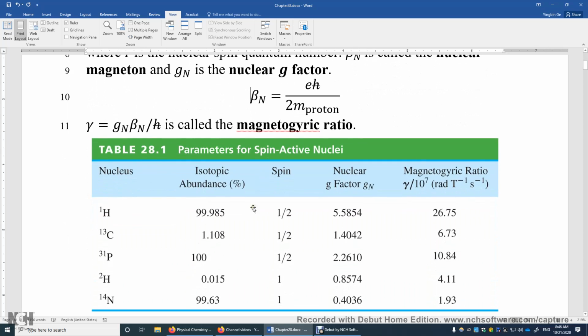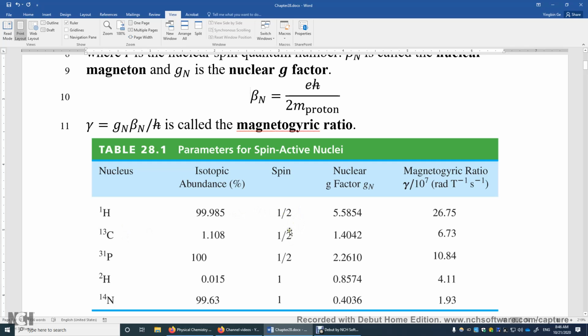First I want to show you the table of several parameters for different nuclei. We use hydrogen NMR and carbon NMR commonly. These two are the nuclear g factors for hydrogen and carbon-13. These two both have a nuclear spin quantum number of 1/2.